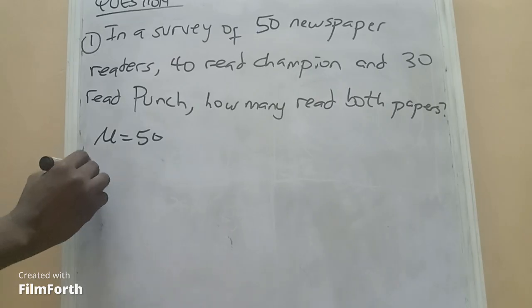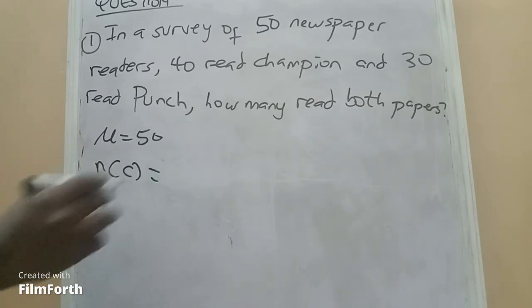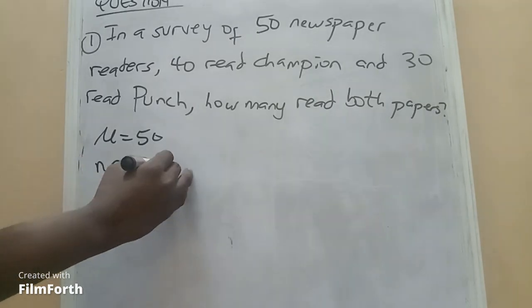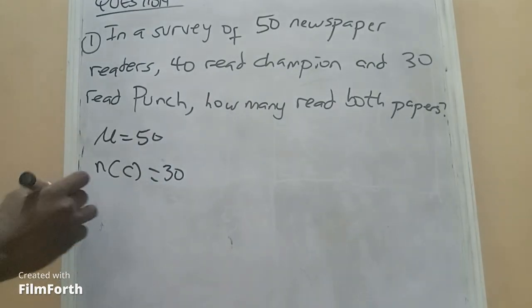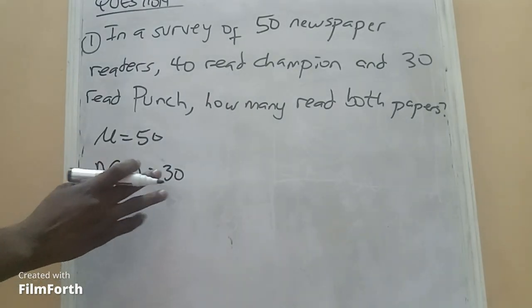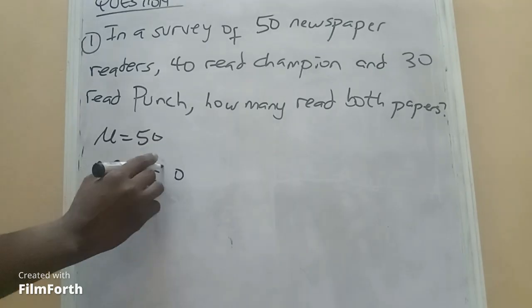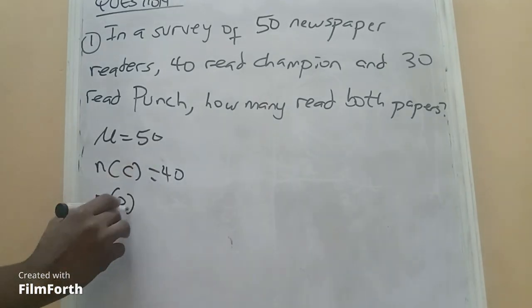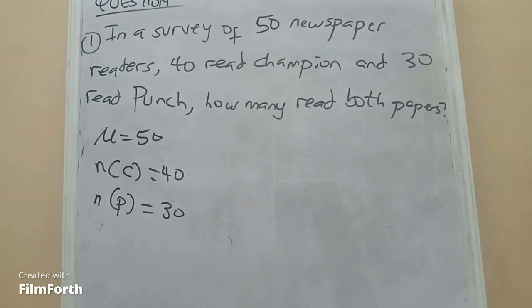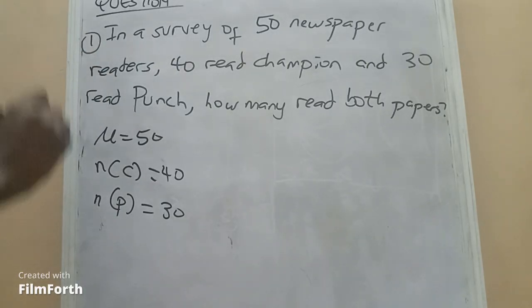And we have the number of those that read Champion newspaper to be what? To be 40. And the number of those that read Punch newspaper to be 30. And the question says, how many read both Punch and Champion.